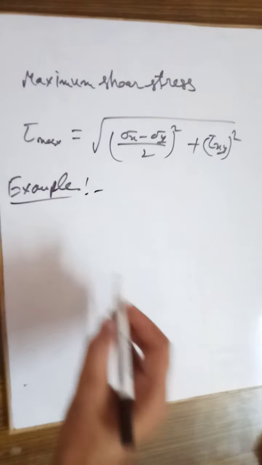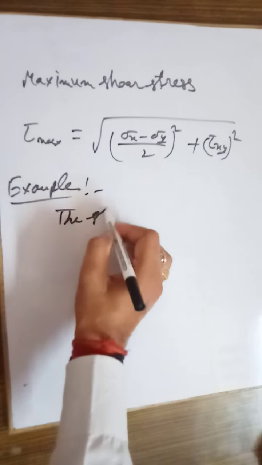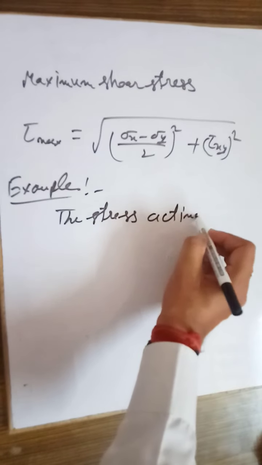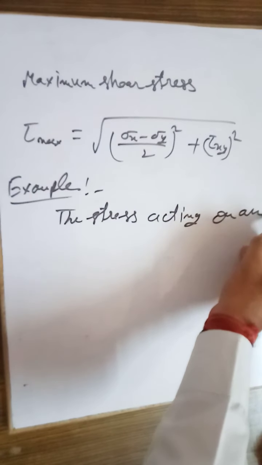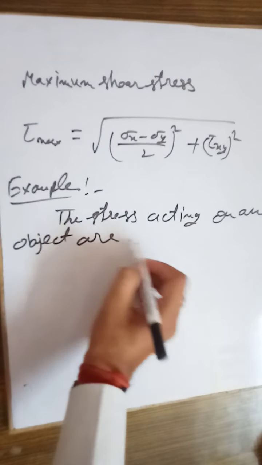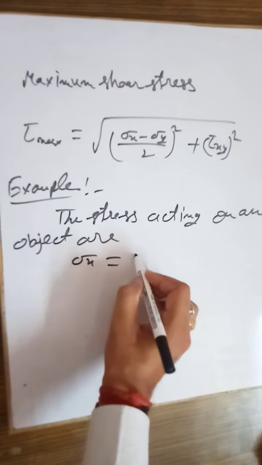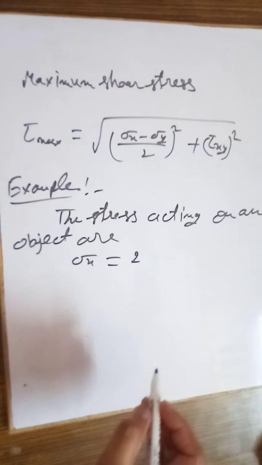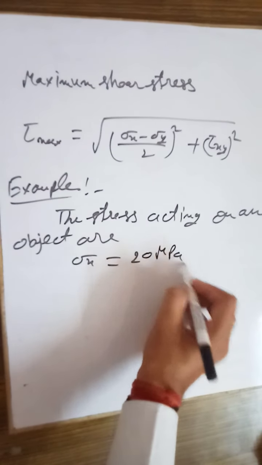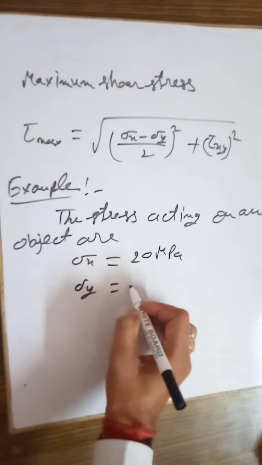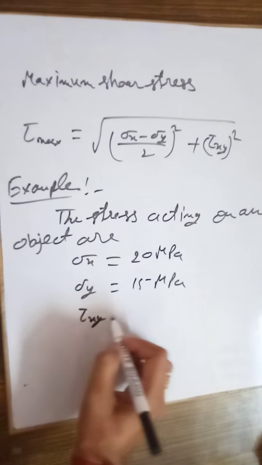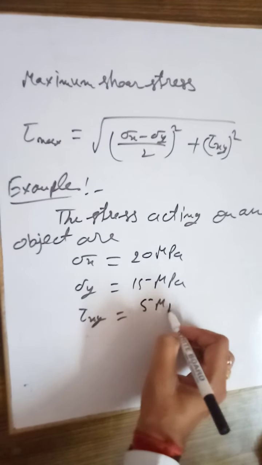So in that, these stresses acting on an object are given as sigma x is equal to 20 megapascal, sigma y is 15 megapascal, and tau xy is 5 megapascal.